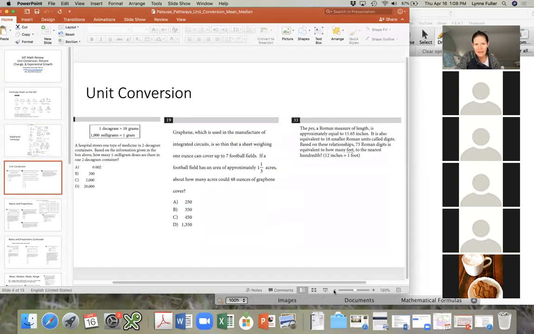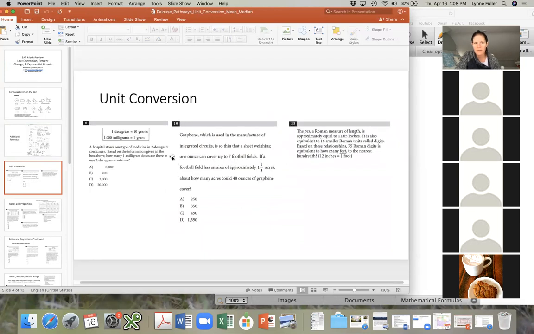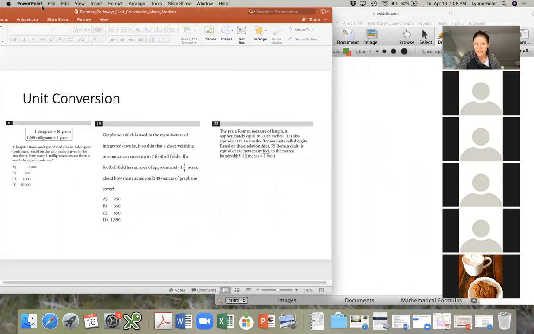I started with a couple of problems that I selected from across a number of tests. Last week's lesson, I pulled all of those algebra problems out of tests 1, 2, 3, and 4, which you can find online, and I can send them to you. The problems I'm pulling today are from tests 1 through 8. That means there are fewer of these problems on a test, few and far between, so I had to compile them across a number of tests.